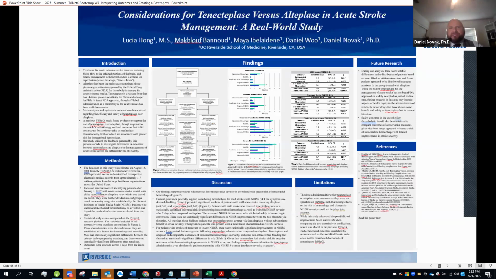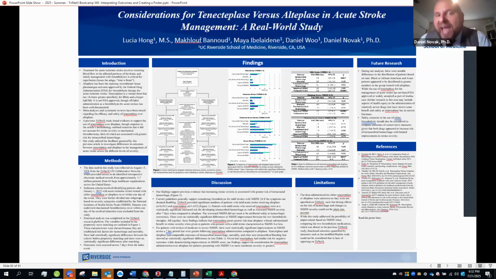Here's one that got into stroke. I think she did a really fantastic job of looking at, in fact, this is an interesting case where the student found an existing study that had a number of different methodological flaws that had been pointed out in a letter to the editor about that study. It was an existing TriNetX study that had these flaws.